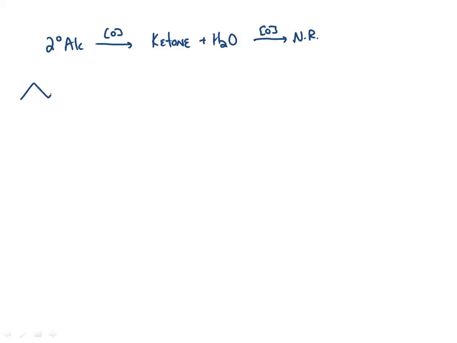So for a secondary alcohol, I have to have an OH group in the middle. And again, we can think about it as the same sort of reaction in that I've got that hydrogen there. I'm eliminating that. And so now I get a double bond to oxygen, but that's in the middle of the molecule now.